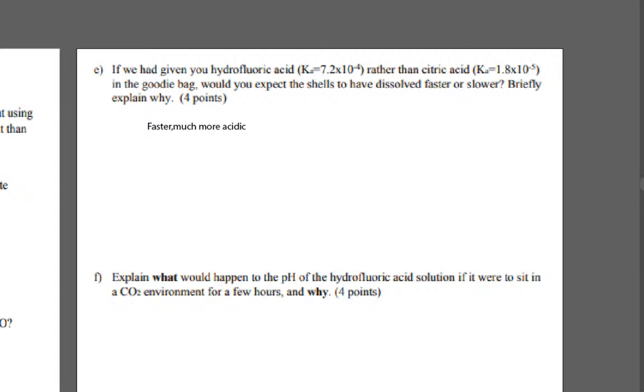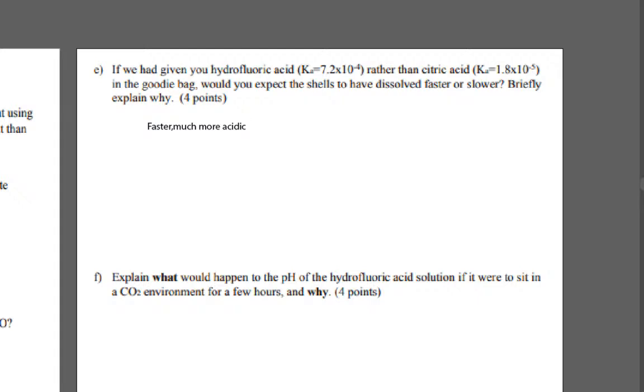Explain what would happen to the pH of hydrofluoric acid if it were to sit in a CO2 environment for a few hours, and why? Actually, I don't really know.